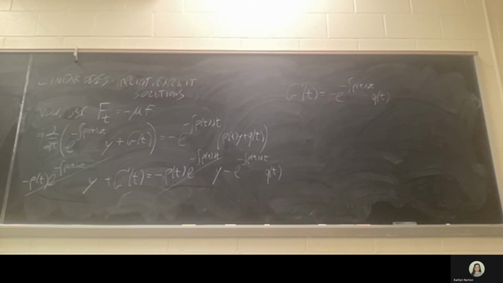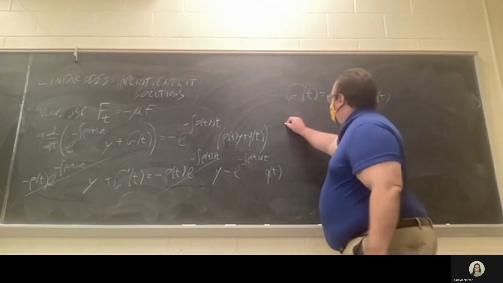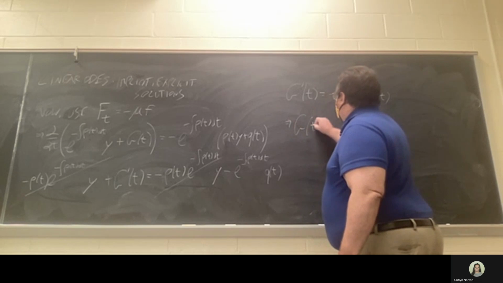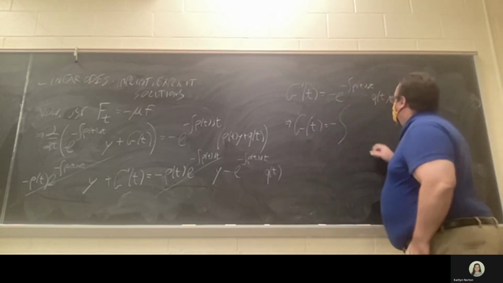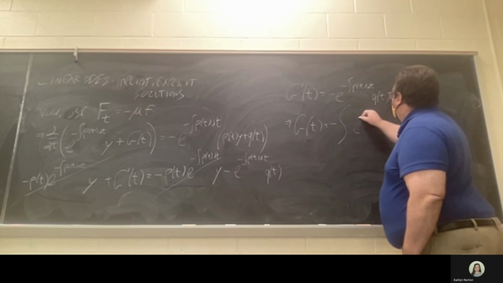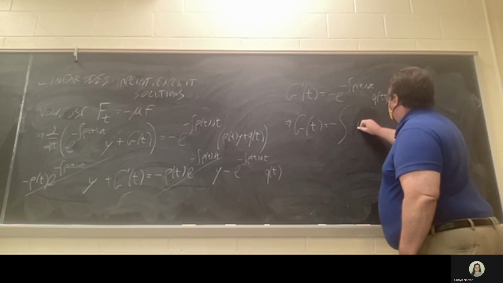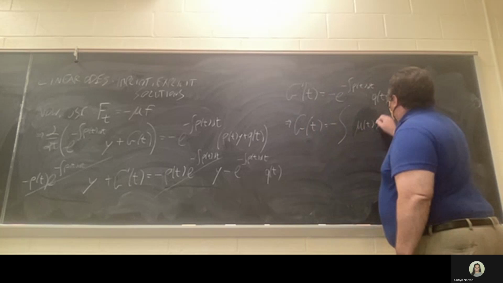And so now we can solve for capital G by integrating. We can't really do anything else; all we can do is slap an integral sign in front of it. So the capital G of t is minus the integral of e to, I'll just write it as mu of t, q of t.